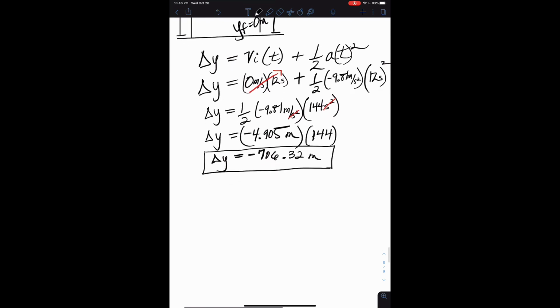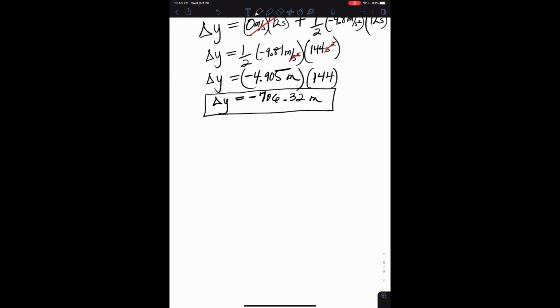And so now we can see why delta y is going to be negative, because remember our formula for displacement, right? I don't care that it's y. It's still going to be the same as the x formula. Delta y is equal to y_f minus y_i. So if I plug in those values, y_f is 0.